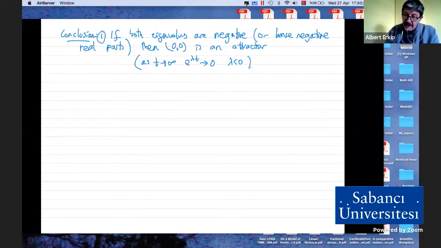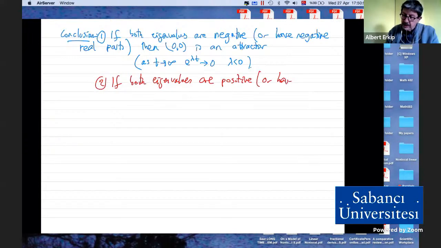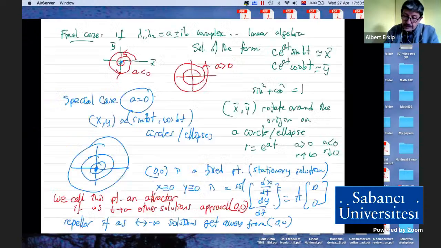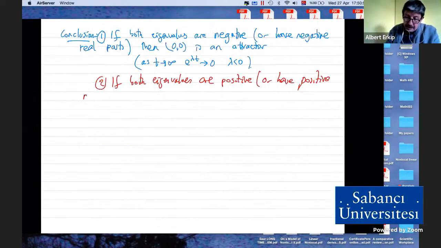Now, if both eigenvalues are positive or have positive real parts, then 0, 0 is a repeller.